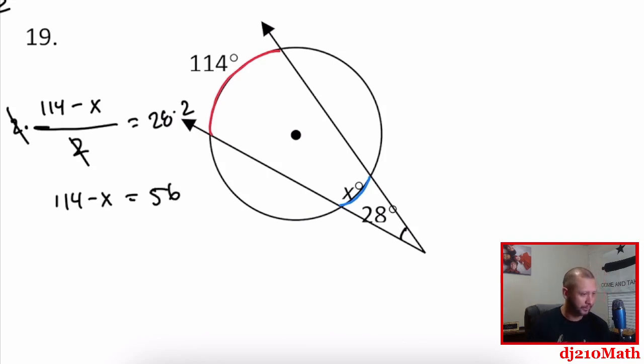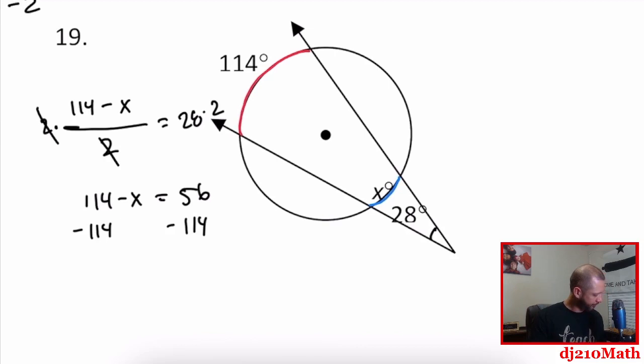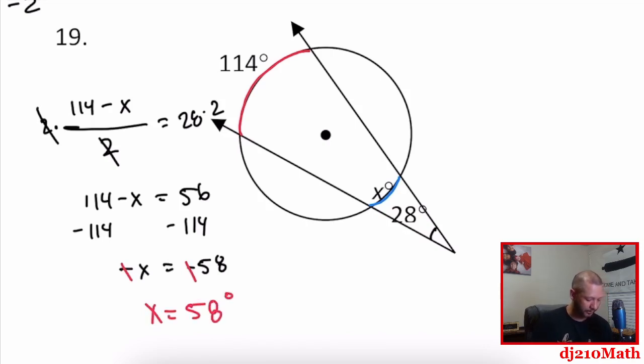Two times 28 is 56. Subtract. 56 minus 114 is negative 58. They're both negative, so we can cancel those out. X is equal to 58 degrees.